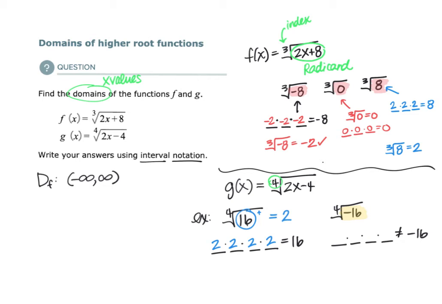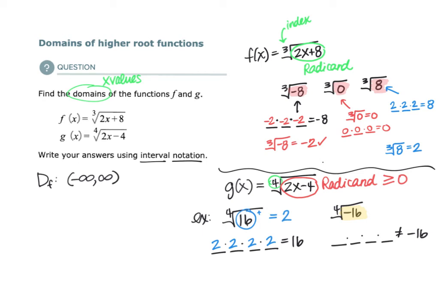This could be the square root of 2x minus 4 or the sixth root of 2x minus 4. We cannot end up with a negative inside. So that means that this quantity, remember, that's called the radicand, that quantity needs to be greater than or equal to 0. It cannot be negative. It can be 0 or it can be any positive number, but no negatives.